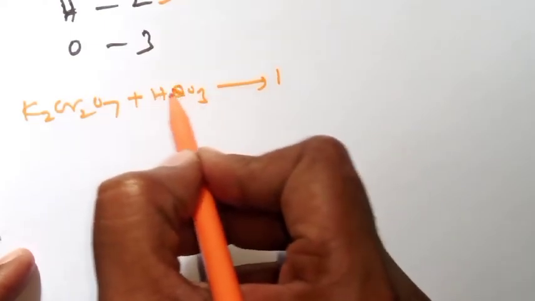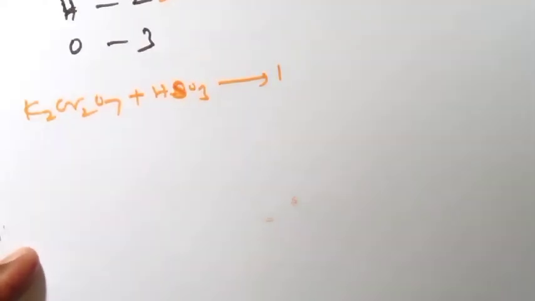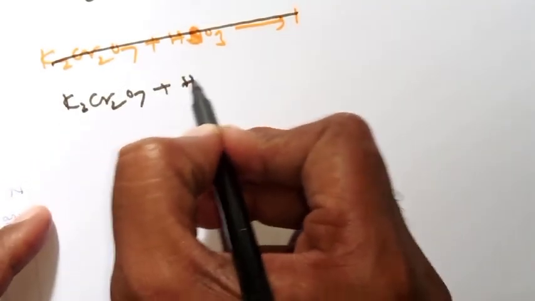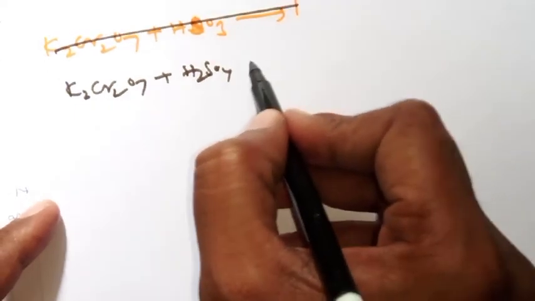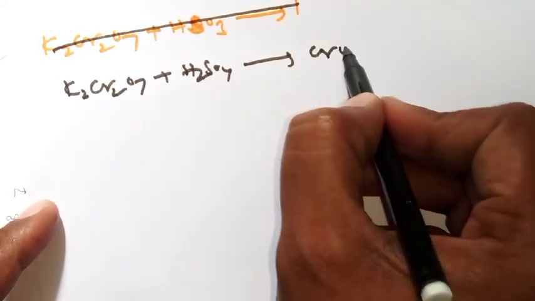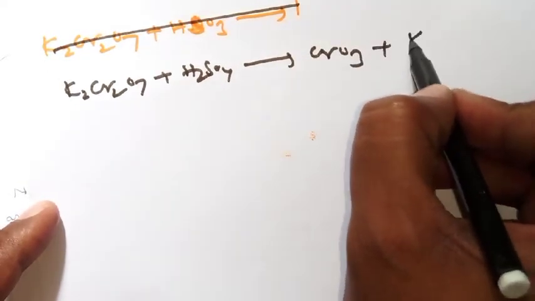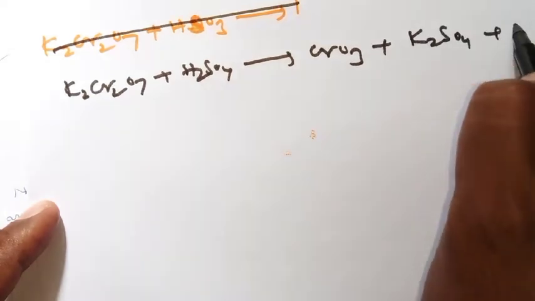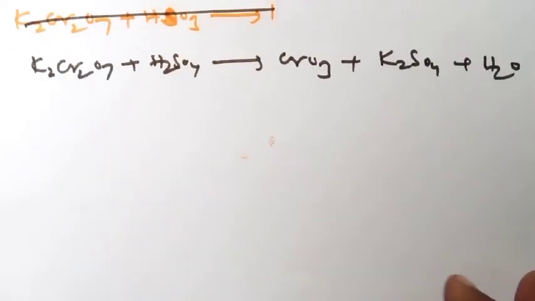It is better because we are using this equation repeatedly. K2Cr2O7 plus H2SO4 gives CrO3 plus K2SO4 plus H2O. Let us consider this equation.